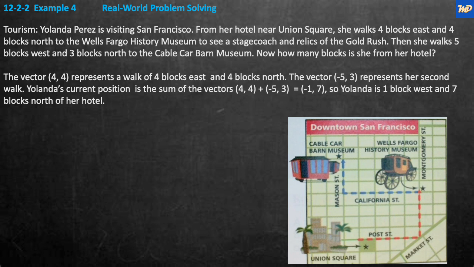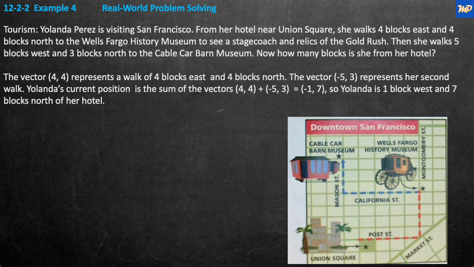Well, that's a good question. Well, the vector 4, 4 represents the walk of 4 blocks east and 4 blocks north. And the vector -5, 3 represents her second walk. So Yolanda's current position is the sum of the vectors 4, 4 plus -5, 3.